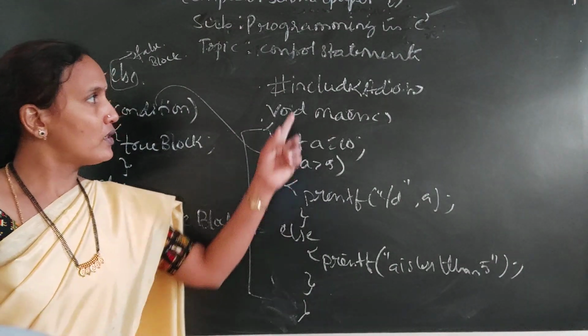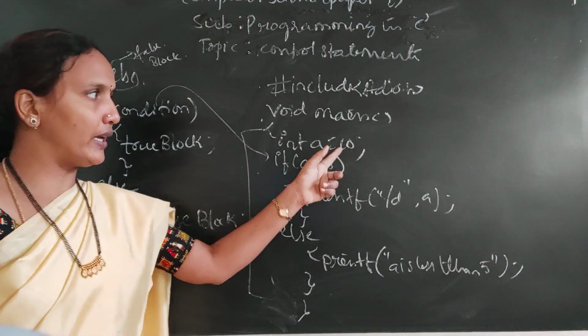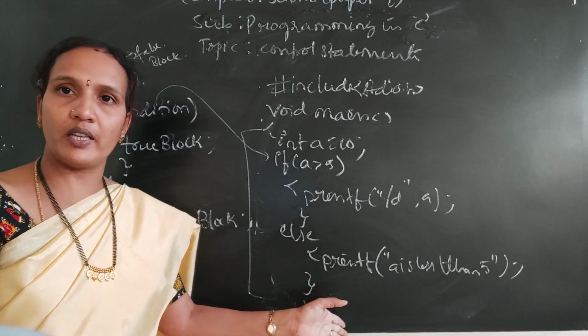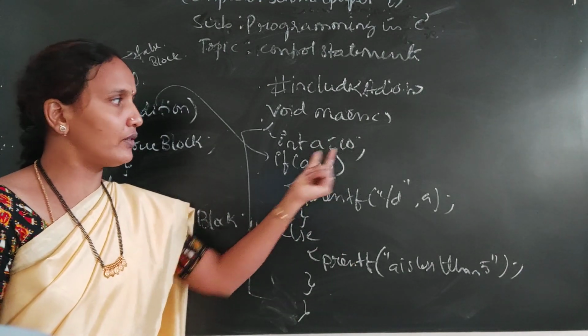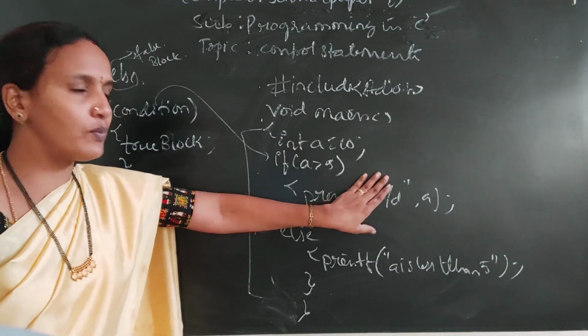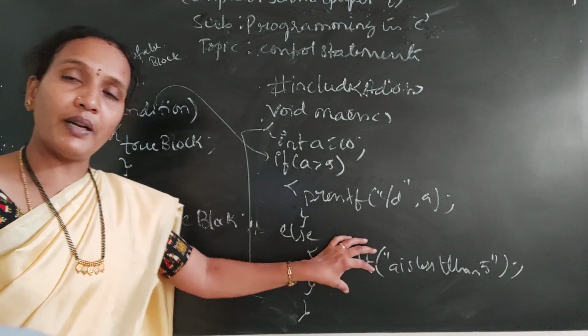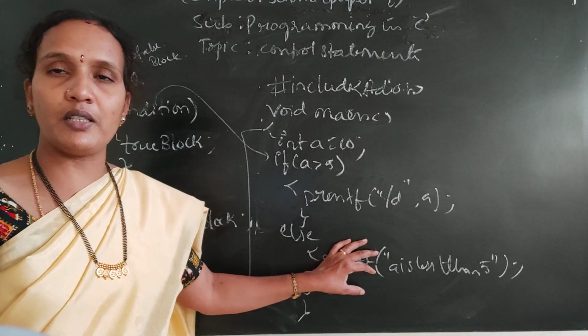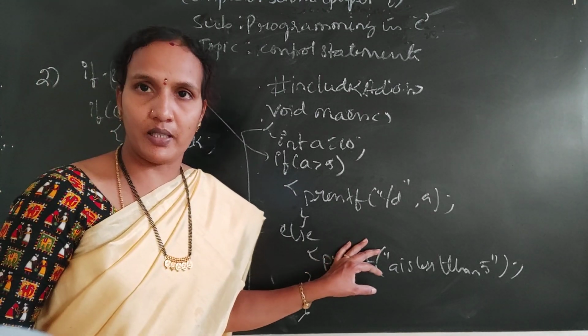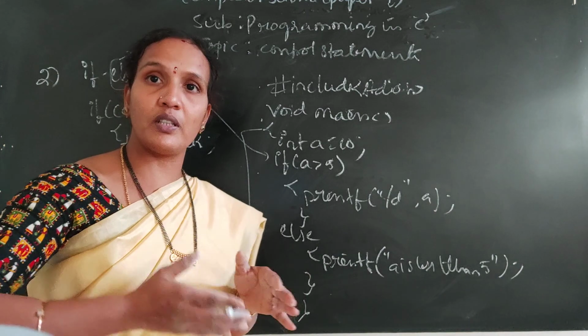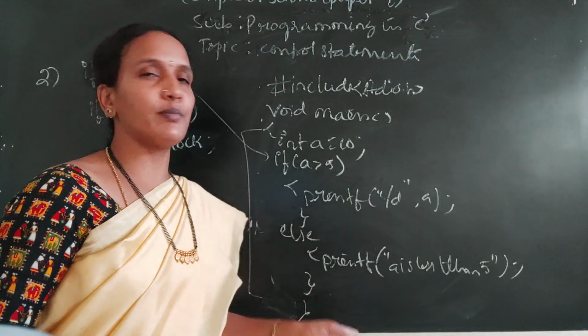Clear? So here, same, a equals to 10. The program is not executed in the same sequence. a equals to 10, the condition is true, so only this block will be executed and the other block will be skipped. Without decision making statements, the program is executed in sequence. Here, based on the condition result, the statements will be executed.